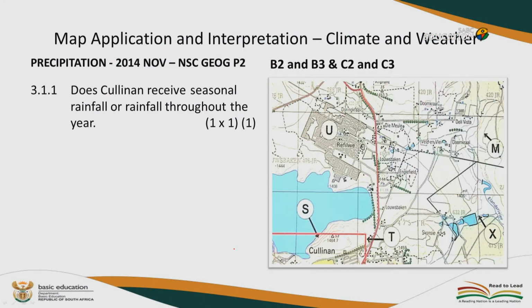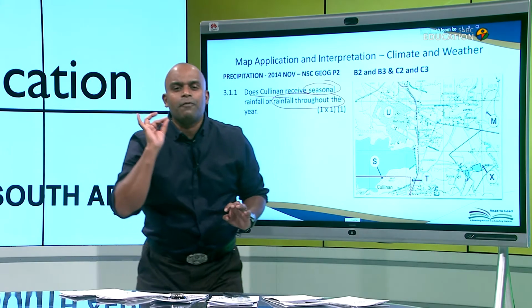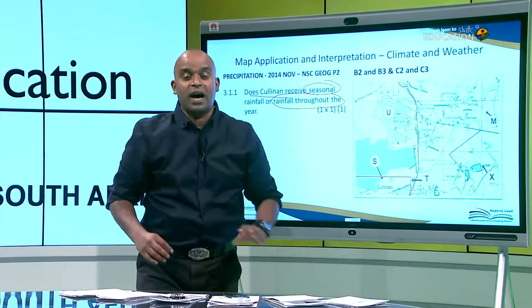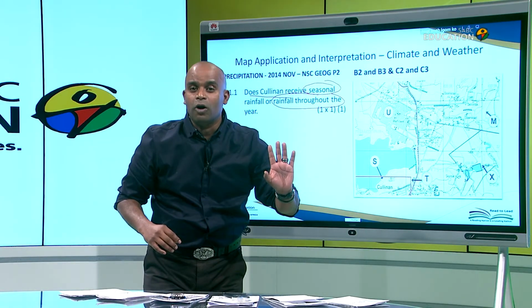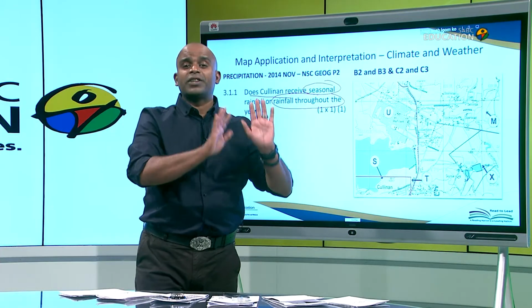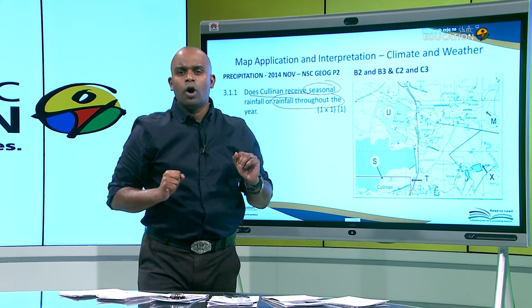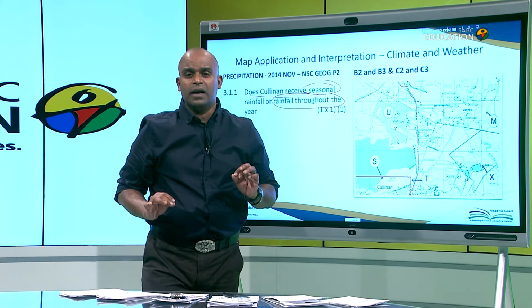The question reads, does Cullinan receive seasonal rainfall or rainfall throughout the year? Now, note the following. There are only two types of rainfall in South Africa: either seasonal rainfall, which means rainfall that occurs in a specific season, for example summer, or rainfall throughout the year.